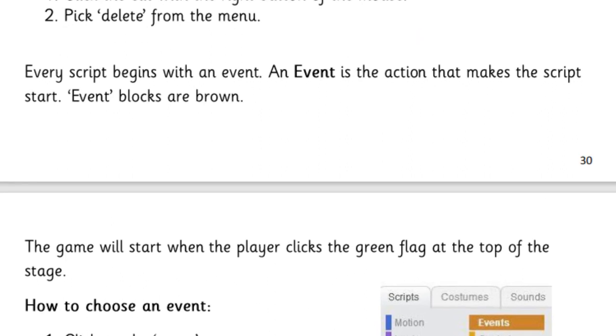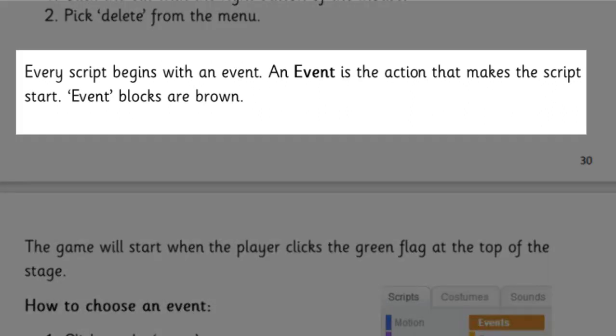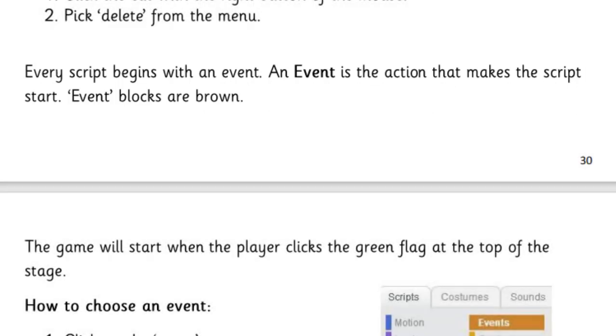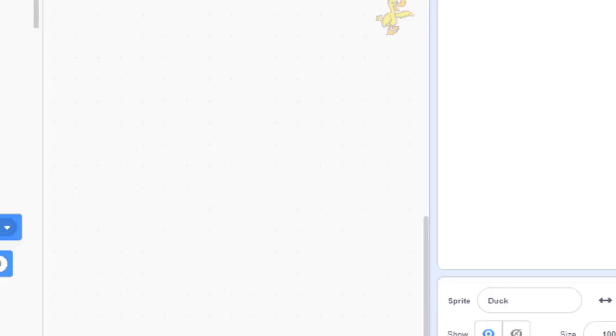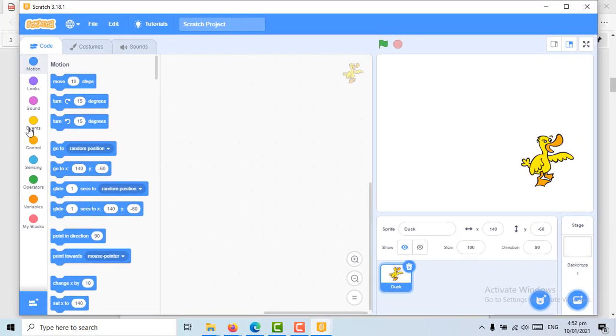On the book it says, on page number 30 at the bottom of the page, every script begins with an event. An event is the action that makes the script start. Event blocks are brown. So basically, if you want your program to start, you have to add an event at the beginning of your program. Without the event, nothing will happen.